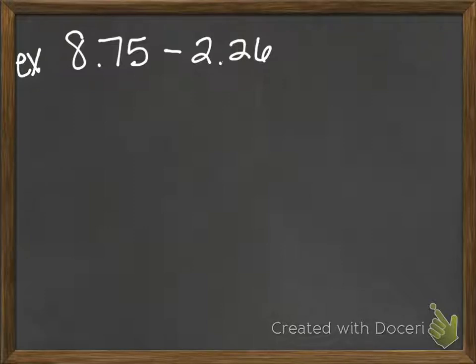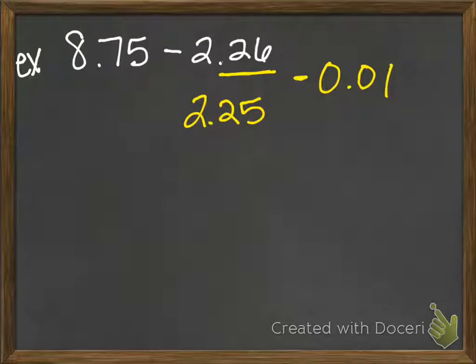If you think about this like money, this is 875 minus 226. Well, the 26 is kind of hard to think about mentally. Wouldn't it be easier if this was a 25? Think about quarters. If I want to make that a 225, I will subtract a 0.01, right?